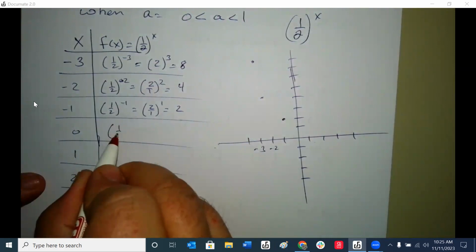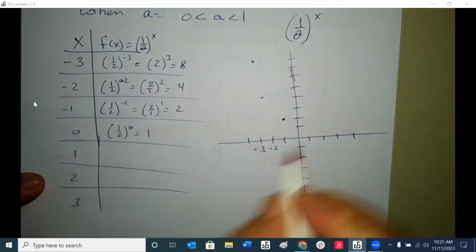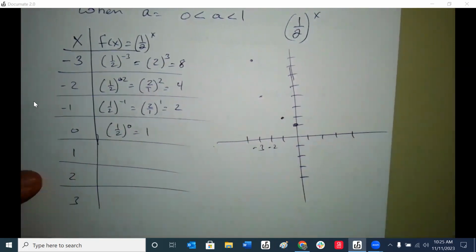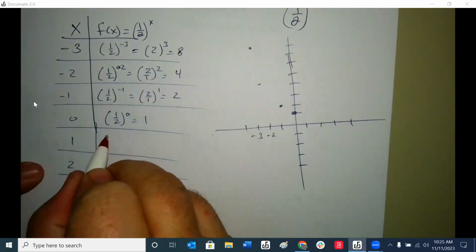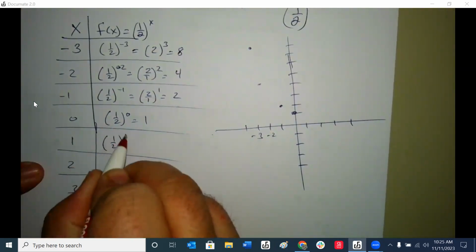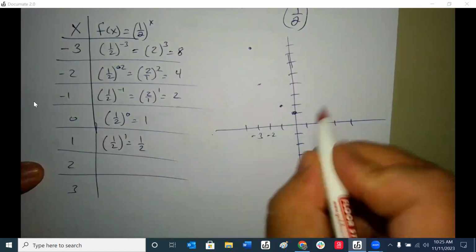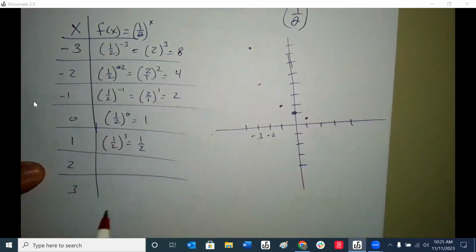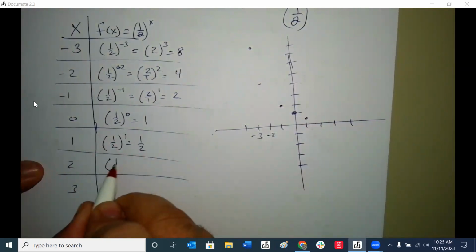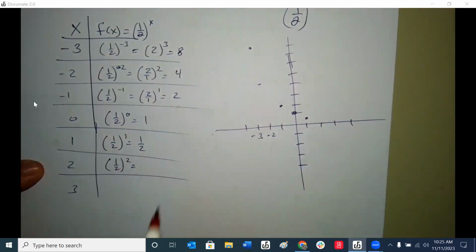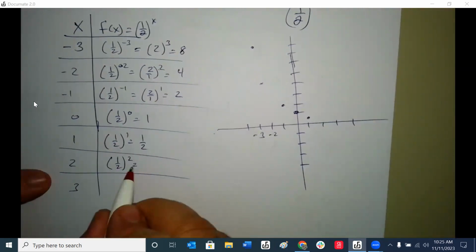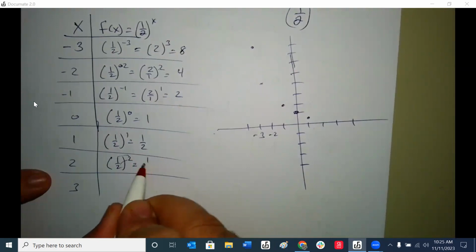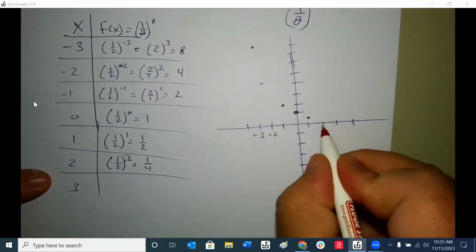At 0, anything to the 0 power is 1. So at 1, it's 1/2. So distribute, so it's 1/4.